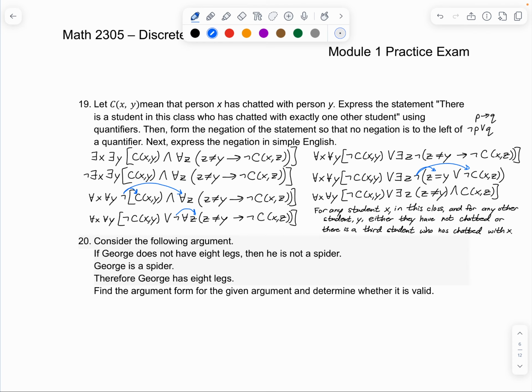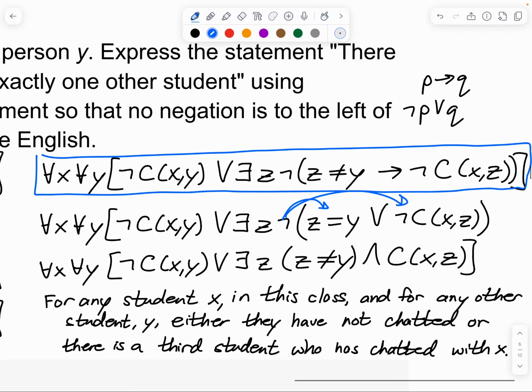So again, the final answer for the quantifiers part of the question is this right here. This is a perfectly acceptable final answer. The only reason I did those additional 2 steps was to make it easier to translate into English, because it's very hard to mentally understand a not implication. That's just kind of tricky.